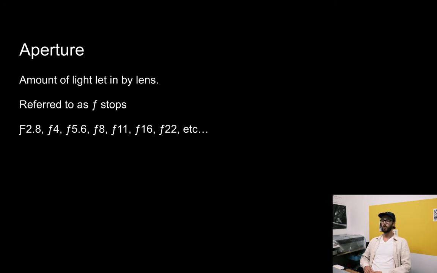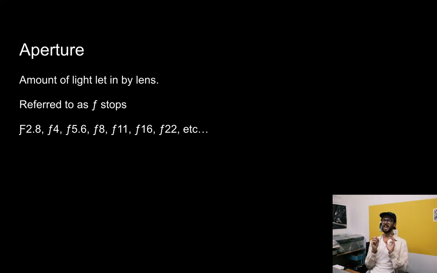And what I want to talk about is the number system here. What I'm showing you right now is whole stops. Okay? So that is as simple as twice as much light or half as much light. 8 to 11 to 16 is consistent whole stops, right?